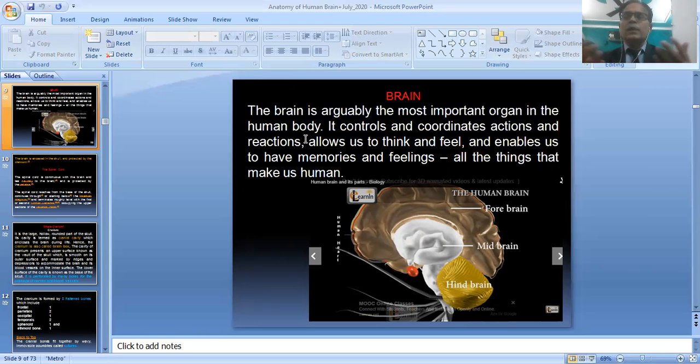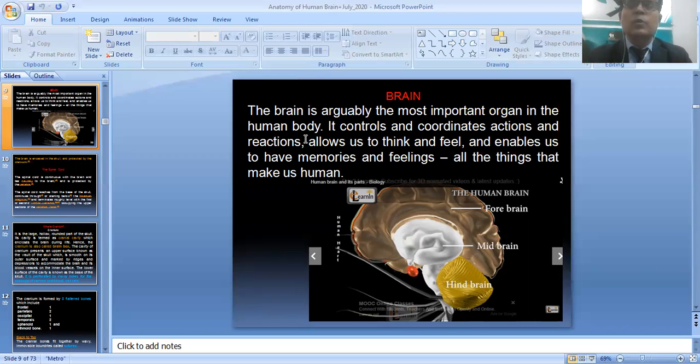Generally, if somebody tells you that something is stored in memory, it is in the brain, right?